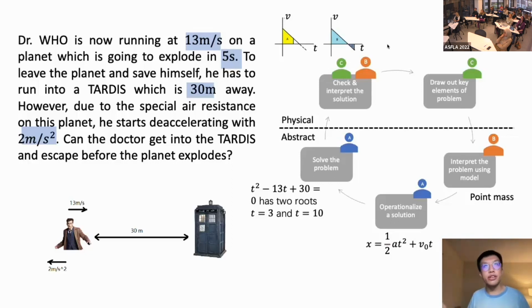And finally, they figure out that only the first one is the correct answer, because when Doctor Who gets to the TARDIS, he just gets into it and runs away. He doesn't have to pass the TARDIS and come back. So then, with the mode of verbal and the mode of visual, Banqiao and Carol solve the limitation of the math mode.